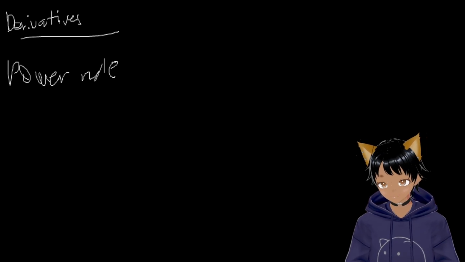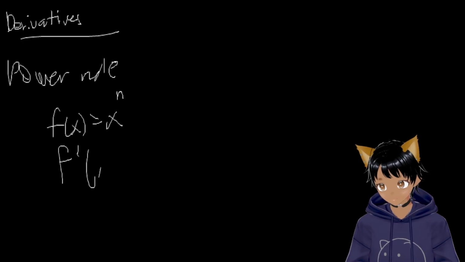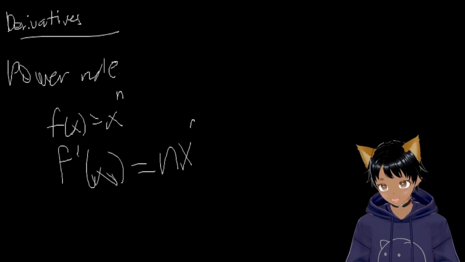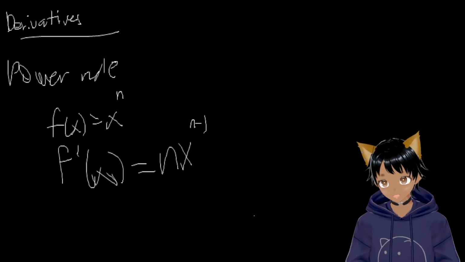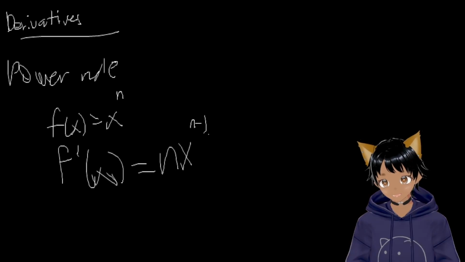The power rule states that the derivative of a function where x is raised to a power of n will equal n being brought down next to x, and the power changes to n minus 1. Why is this? Usually when you do it in the same limit rule that I presented earlier, it's a weird kind of thing. I'm not really too well versed in it.